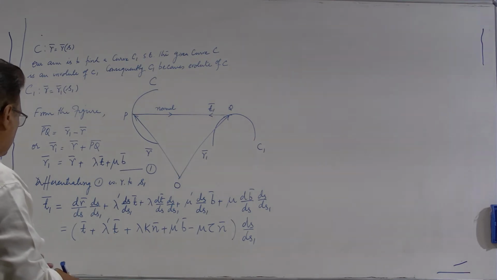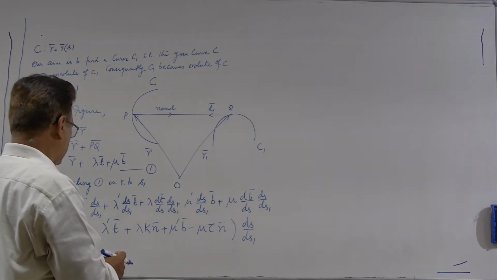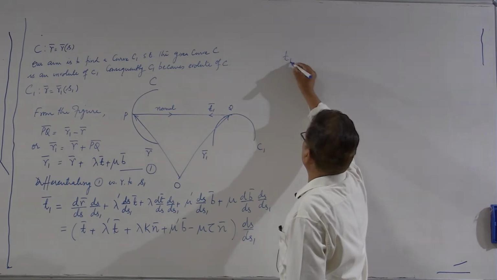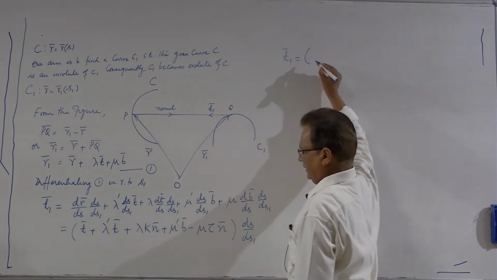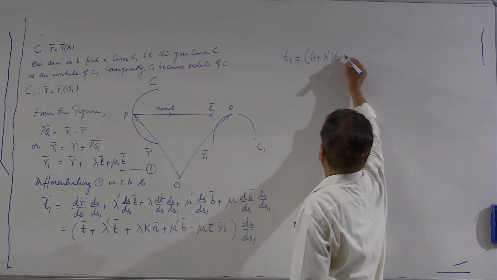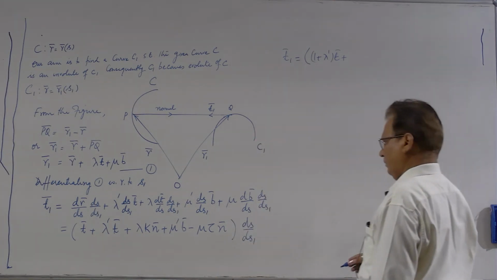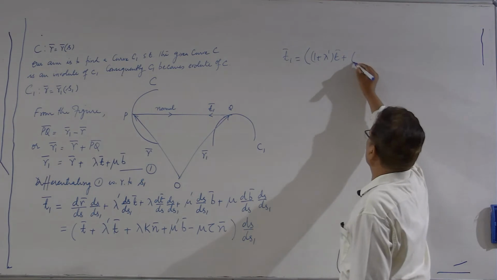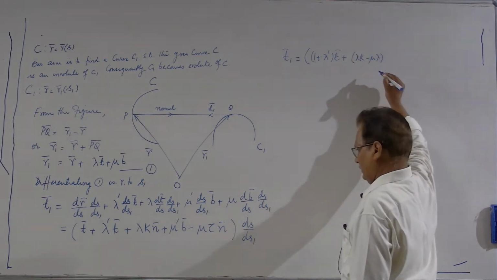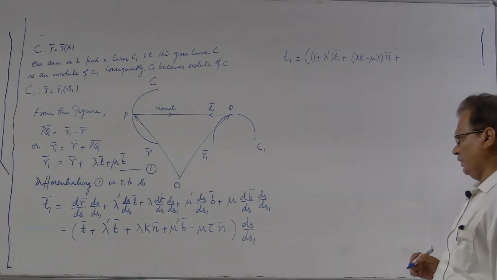All right. Now, let us simplify. Let us collect the terms of t, n and b. So, left hand side is t1, and on the right side I have 1 plus lambda dash into t plus, look for the terms of n, lambda k minus mu lambda into n, and then plus you have only one term of b.